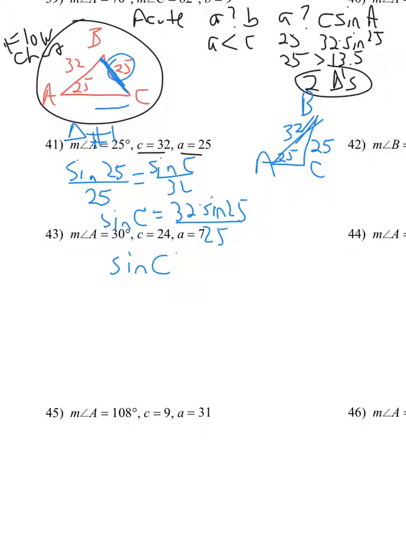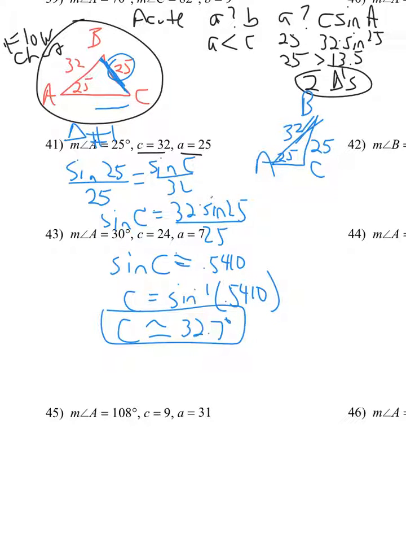So the sine of C is about, to 4 decimal places, 0.5410. To find C, we do inverse sine of 0.5410. So angle C is about 32.7 degrees.